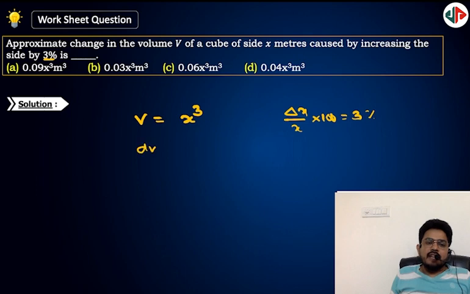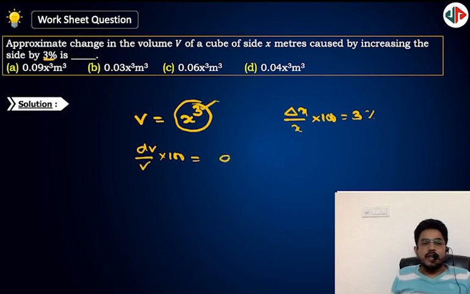Now dv by v into 100 will be equal to 3 times of this 3. Okay, approximate change. So this is going to be 9%. So 9% change is there.